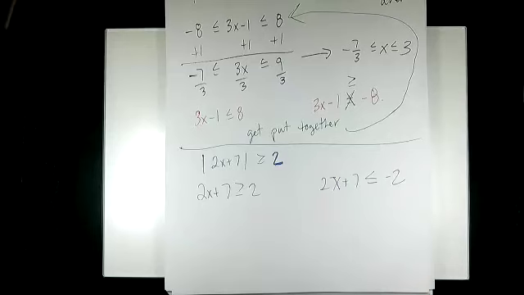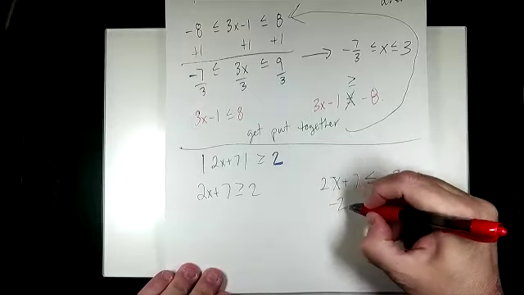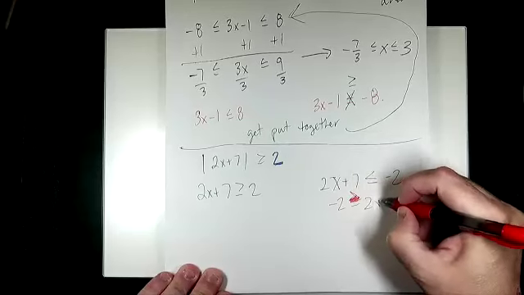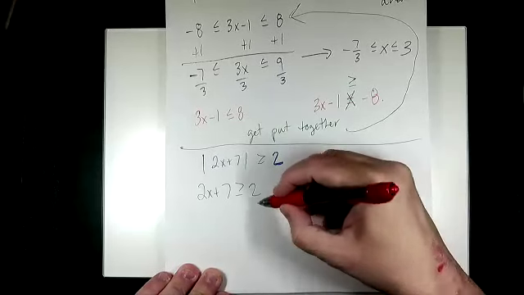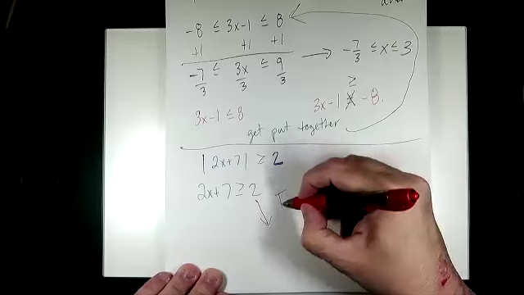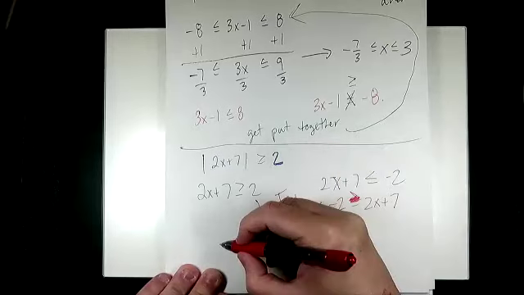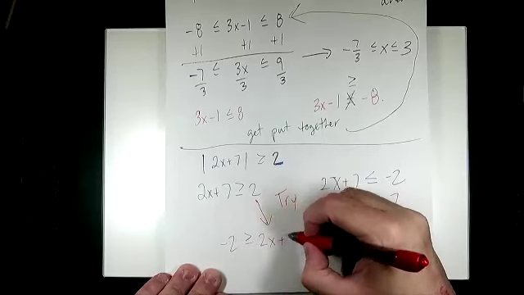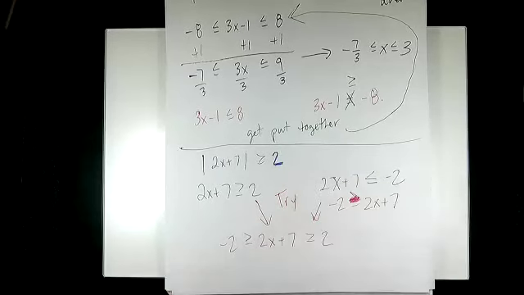And if you want to see if the sandwich makes sense here, let's try to put it in order. If I change sides here, I could make this like this. And if I try to put them together, I have negative 2 is greater than or equal to 2x plus 7, which is greater than or equal to 2.